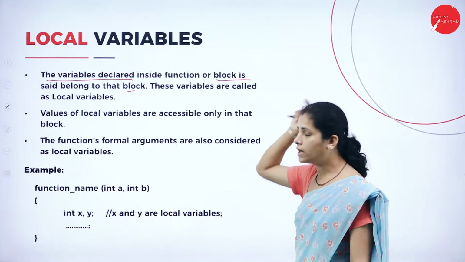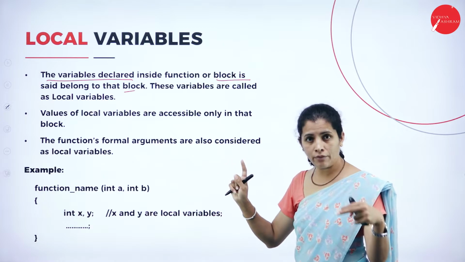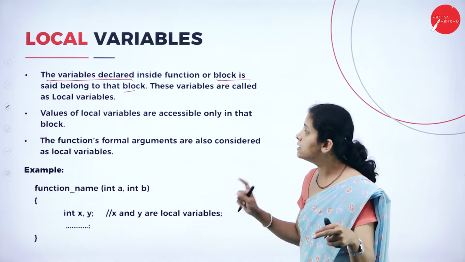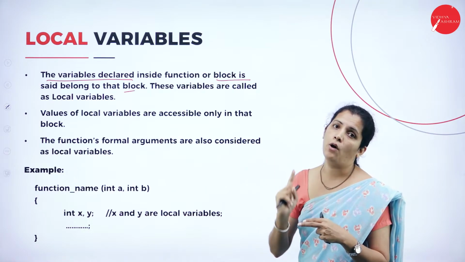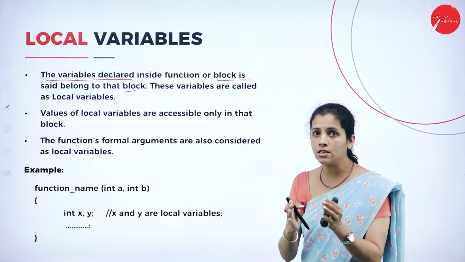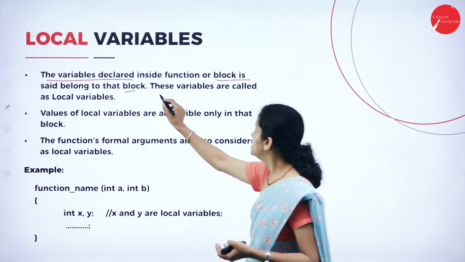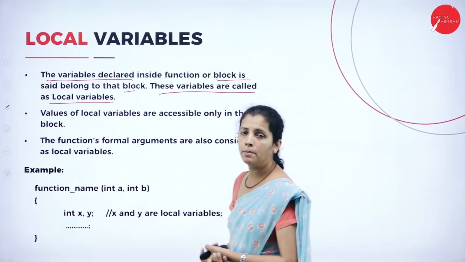That means whatever variable I declare within the function or within the block can be used only within that block. I cannot access those variables outside the block. These variables are called local variables.